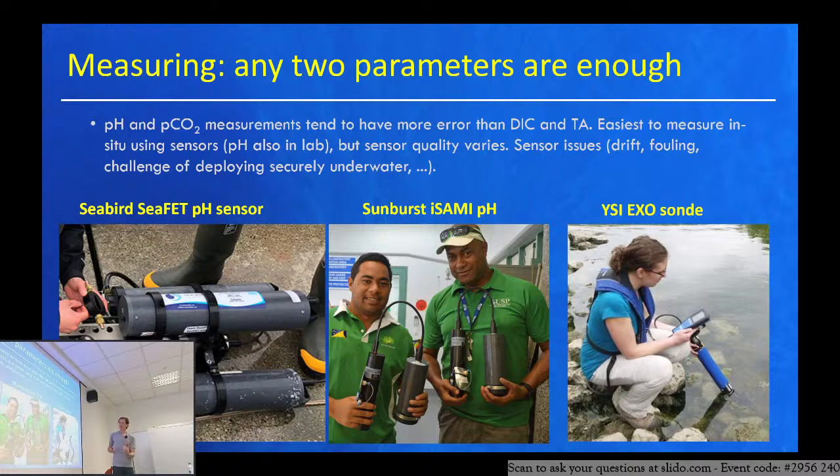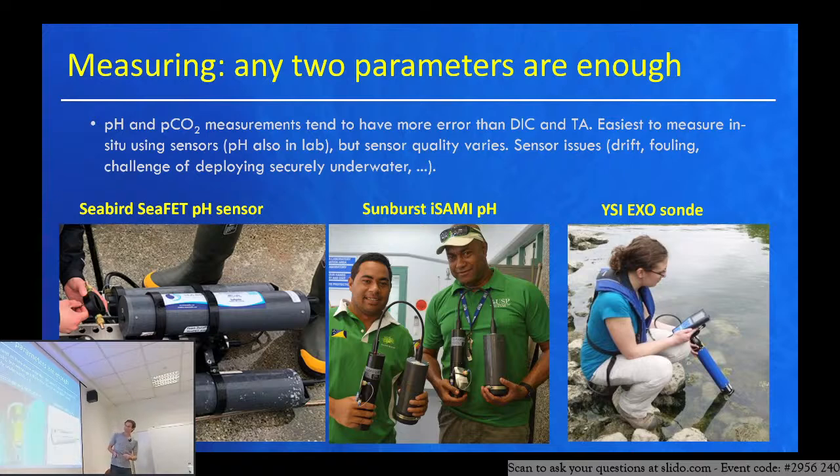But in general, with sensors, you also have issues such as drift of the sensor and biofouling of the sensor. Sometimes it's simply a challenge to find a place where you can deploy the thing and leave it and be confident that when you go back 2 months later, it's still going to be there, because of currents, or somebody says, "Oh, this is an interesting looking piece of kit, I'll take that home."